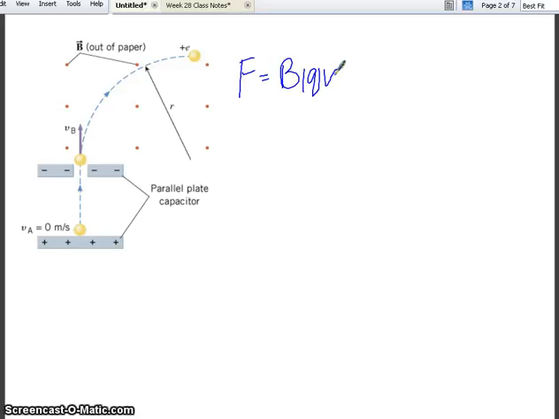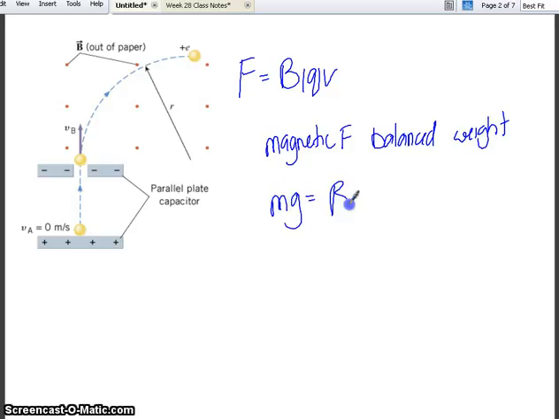It doesn't really matter if we set it to centripetal force or anything else. The question might say the magnetic force is balanced by its weight. If it's balanced by its weight, it would be mg equals BQV, where mg is the weight of the particle and BQV is the magnetic force.